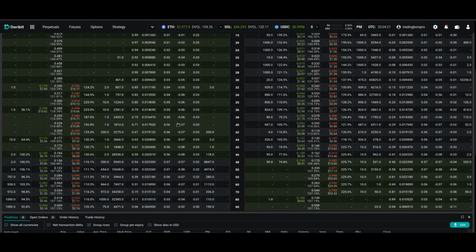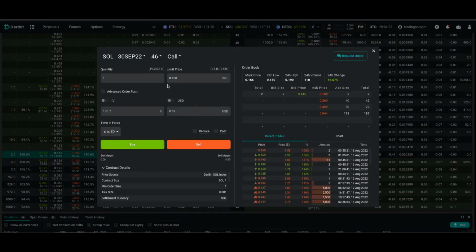Okay, so let's get the central strike. Here is the call option. Let's, for example, try to buy one Solana call contract, September expiration. And for example, what will be our margin? Only 15 cents for sell and 90 cents for buy. The option is very weird, because usually sell margin costs more than buy margin.